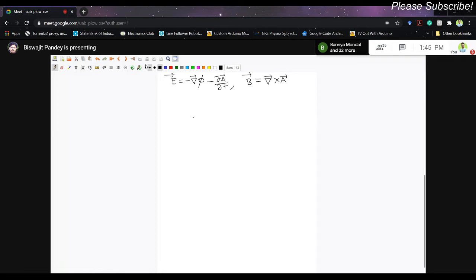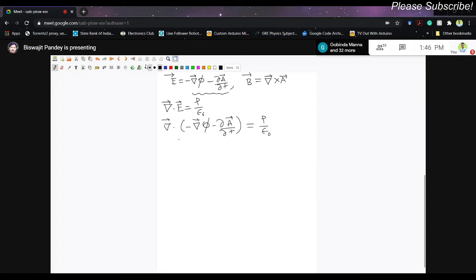If I put in place of E this expression, we have divergence of E equal to rho over epsilon naught. So if I substitute, divergence of E is minus of grad phi minus del A del T equal to rho over epsilon naught.